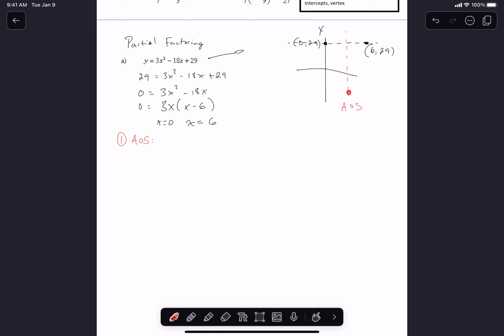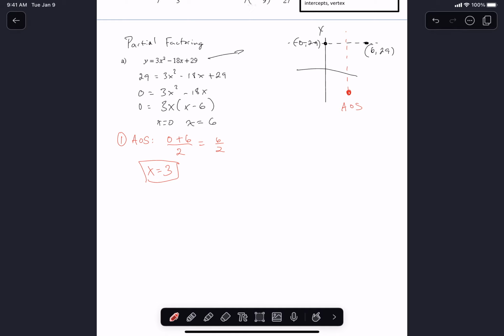Which we go, 0 plus 6 divided by 2. Right? And it's an equation, that's the axis of symmetry.